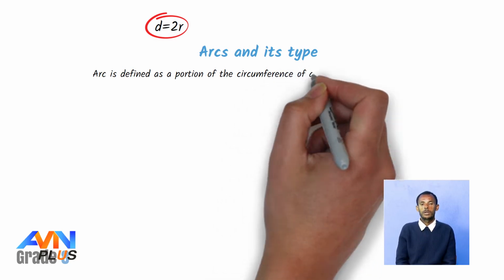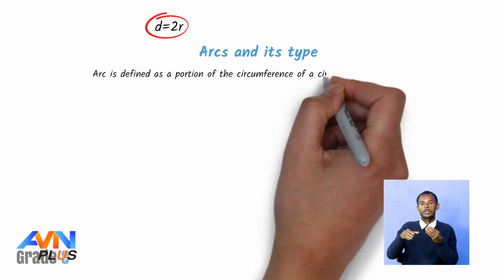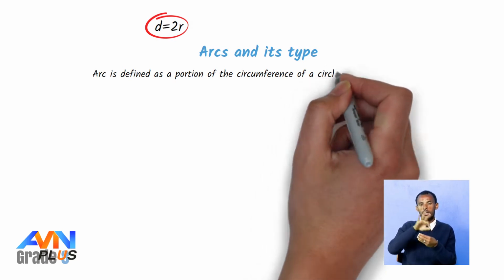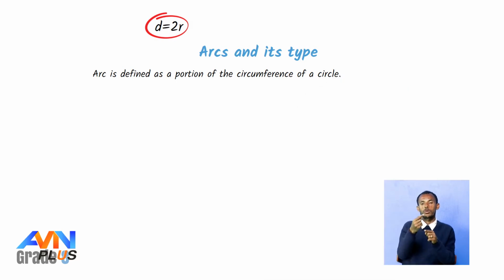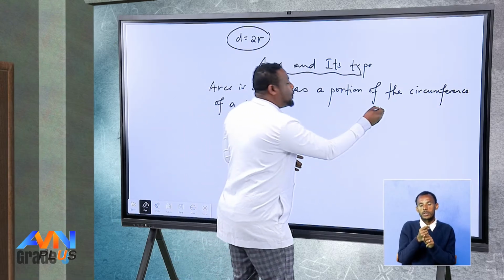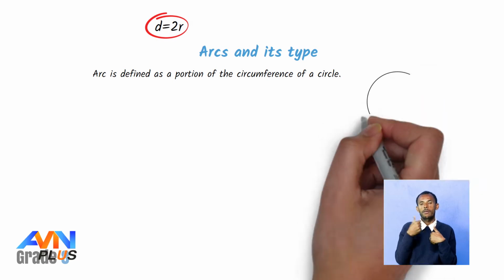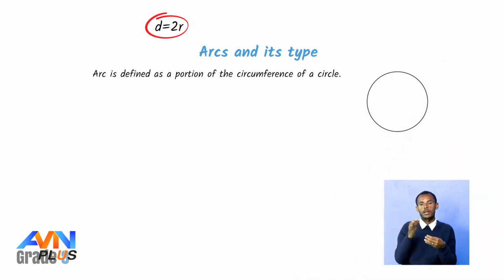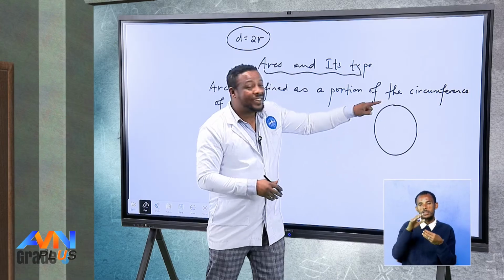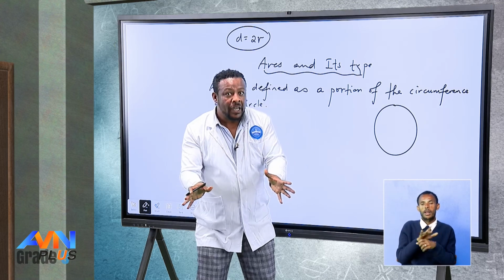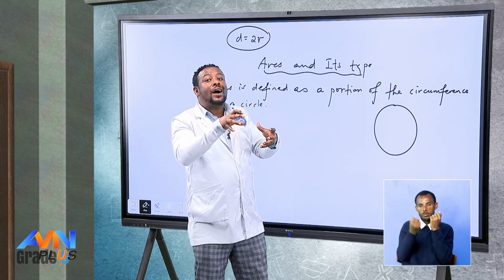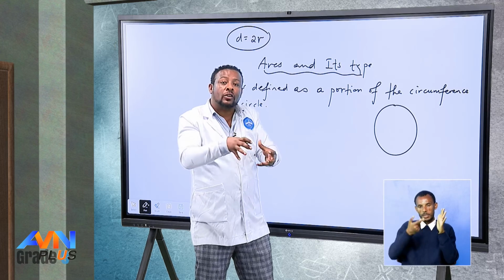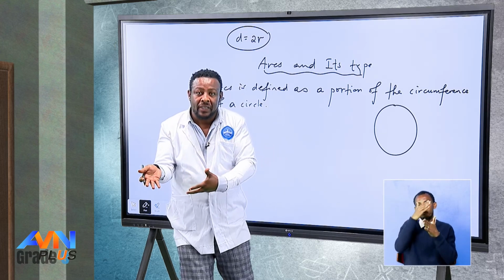Geometrically, if you have a circle, the full length of this circle is called the circumference. Based on this definition, an arc is a certain part or a portion of the circumference, right?